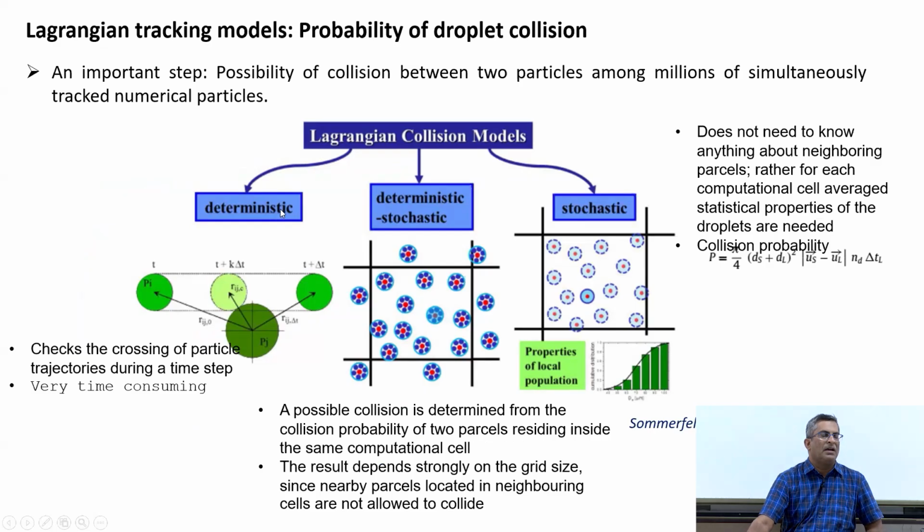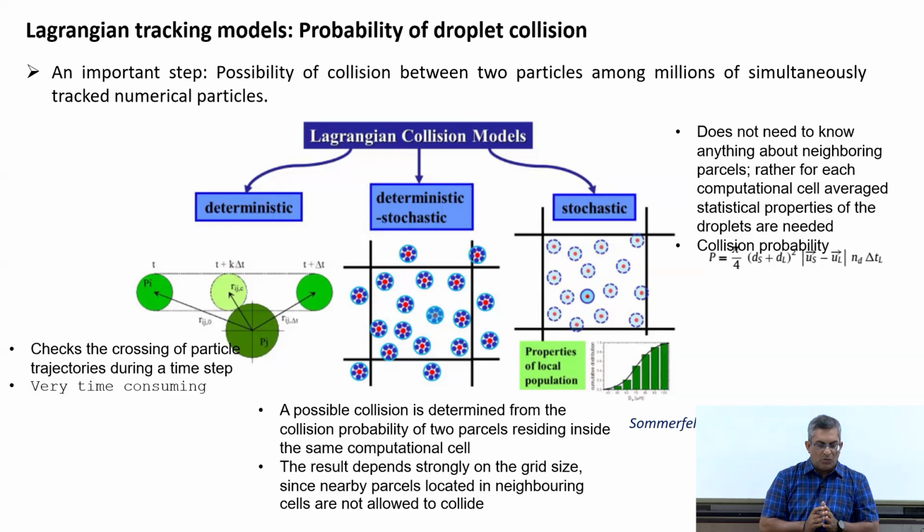This means that you actually track individual particles or parcels in your simulation, and you see where their trajectories are meeting. If two trajectories are meeting, then you say that okay, here I will have a collision, and I will use this information from the regime map and predict the outcome straight away.